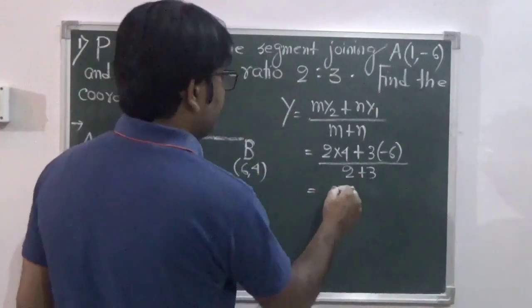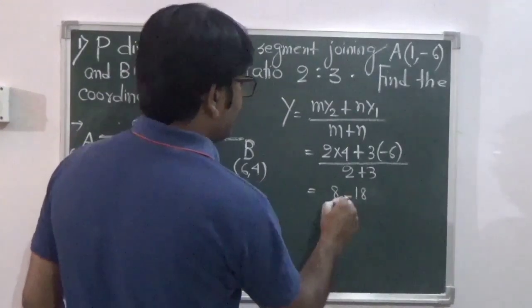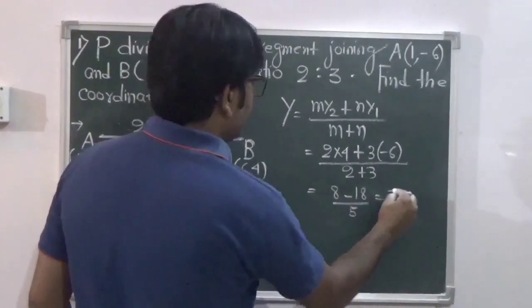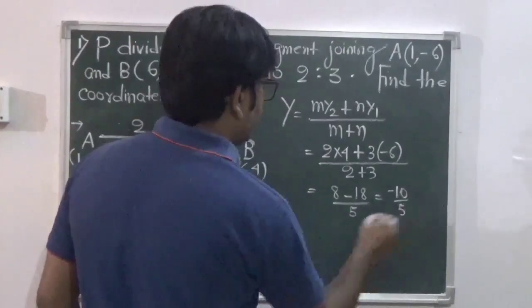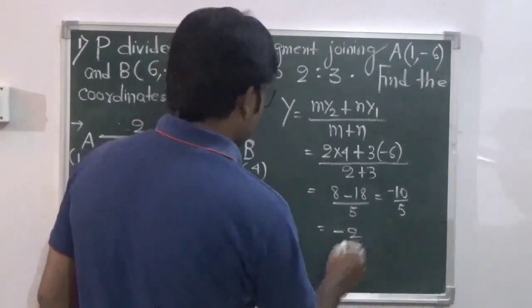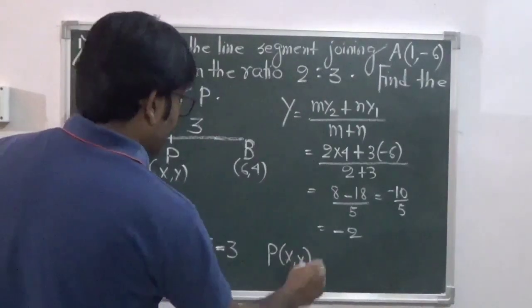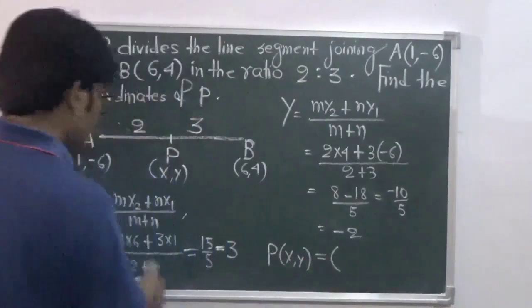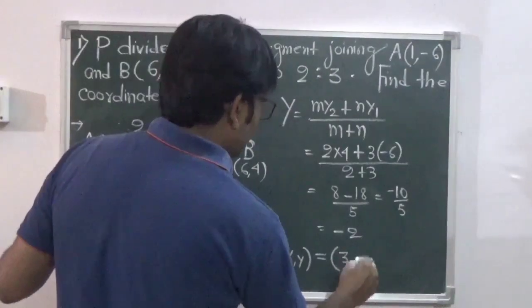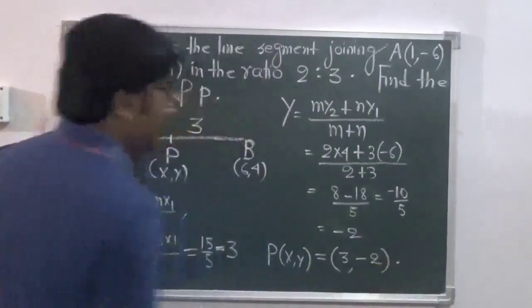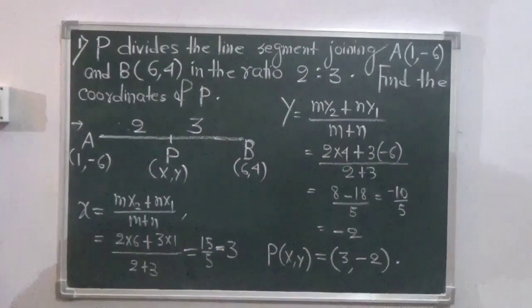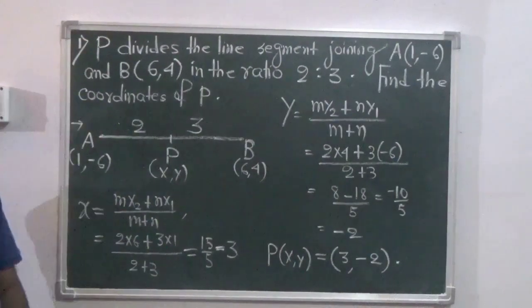So it is 8 minus 18 by 5, that is minus 10 by 5. It becomes minus 2. So the coordinates of the point P (x, y) equal (3, -2). Okay, please have a look and we'll move on to the next question, question number 2.